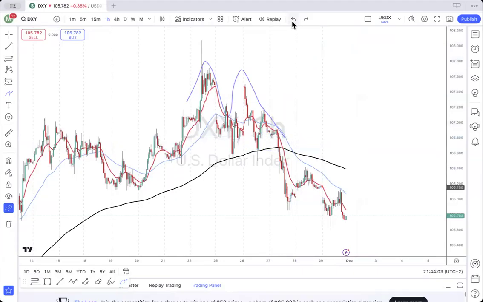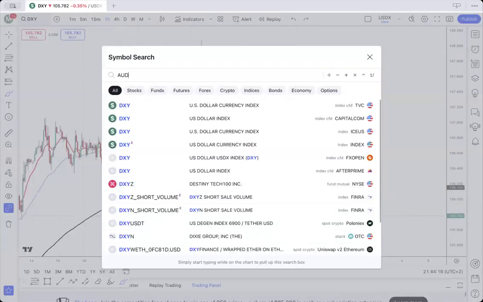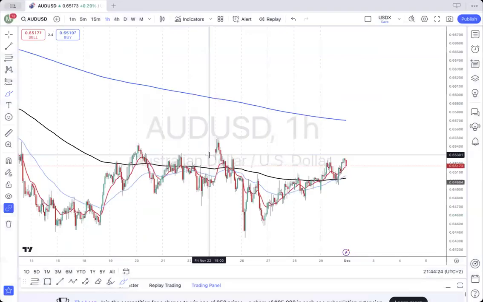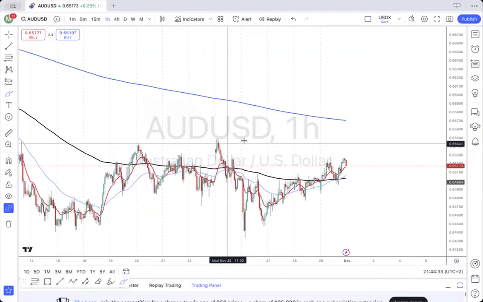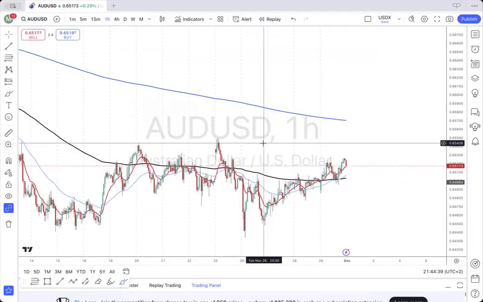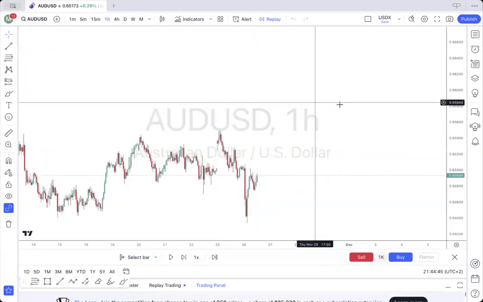But my focus today is not really on what's going to be happening. My focus is on how we could have taken entries on those pairs that we were trading. So I hope this is going to be helpful to you so that when you see it, you know exactly what I'm talking about. So we go back to AUD USD and we want to try and find entries on AUD USD.